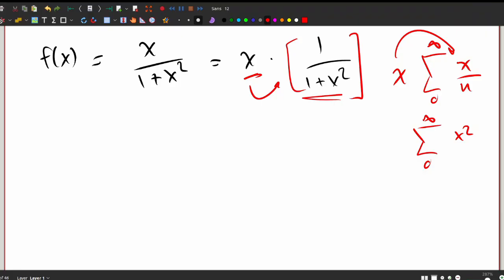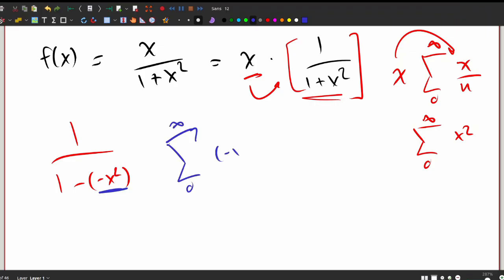What about this is familiar? Well, I'm going to rewrite it once again as 1 over 1 minus negative x squared. And now it becomes apparent that this is once again a geometric sequence sum where my ratio is negative x squared. So this becomes the sum, from 0 to infinity of negative x squared to the n. Of course, times x from here. I'm going to expand this.